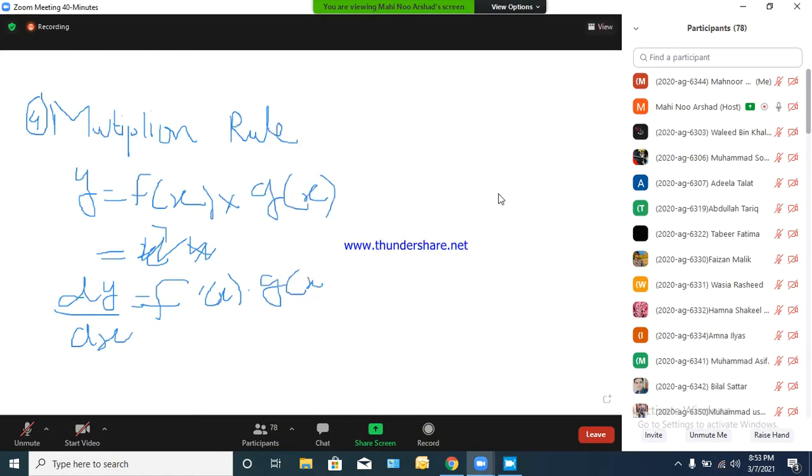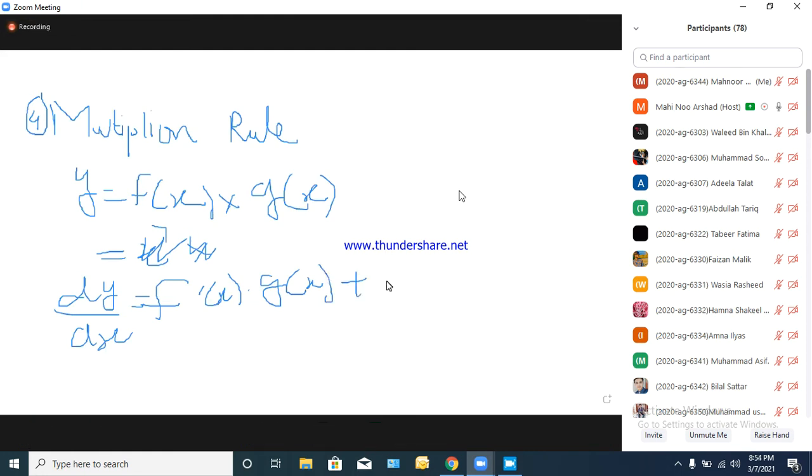The derivative of the first function, second as it is, plus first function as it is, derivative of the second function. First one's derivative, second one as it is, plus first one as it is and derivative of the second function.